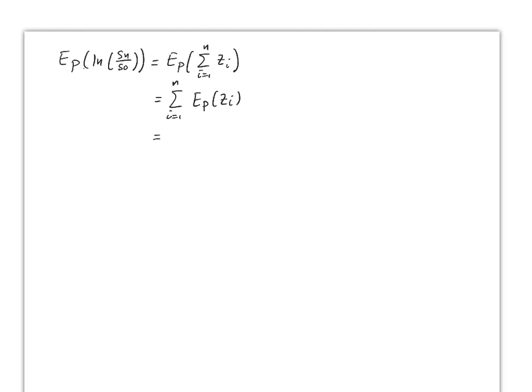But remember that this is the same thing as the sum from i equals 1 to n.